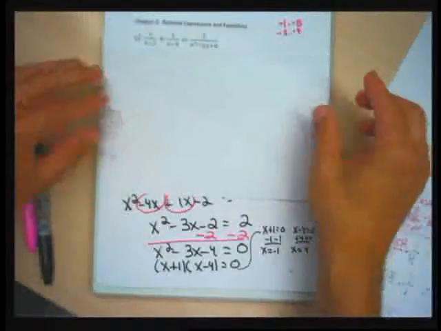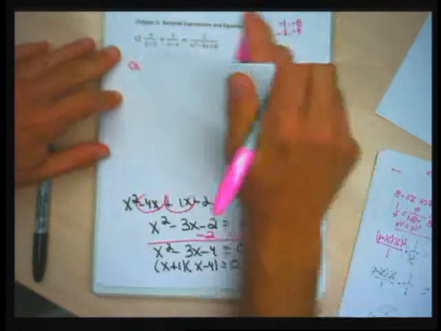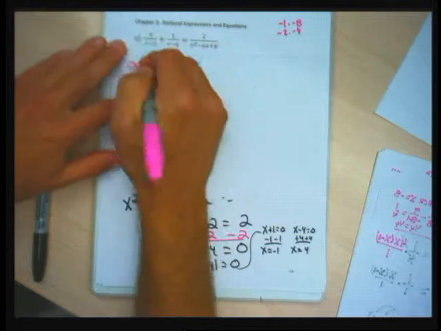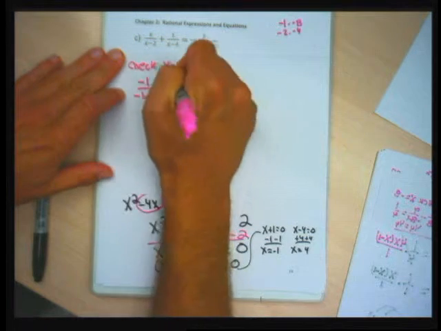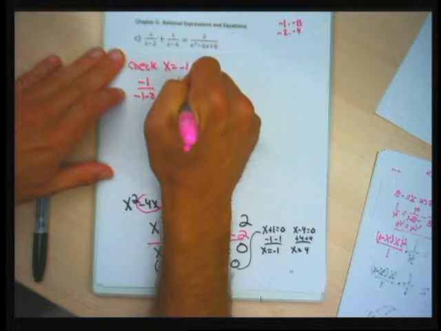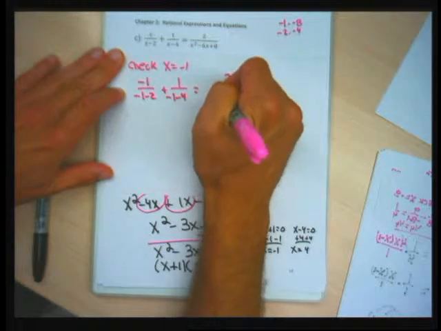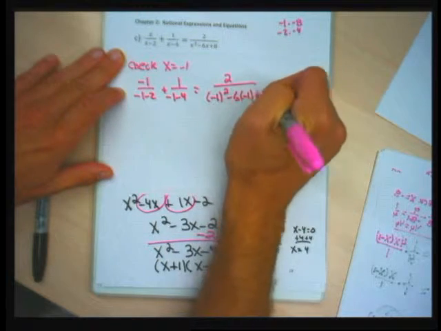So first thing I'm going to do is check x equal to negative 1. I have to check both sides here, unfortunately. I'm going to go negative 1 over negative 1 minus 2 plus 1 over negative 1 minus 4 equals 2 over negative 1 squared minus 6 times negative 1 plus 8.